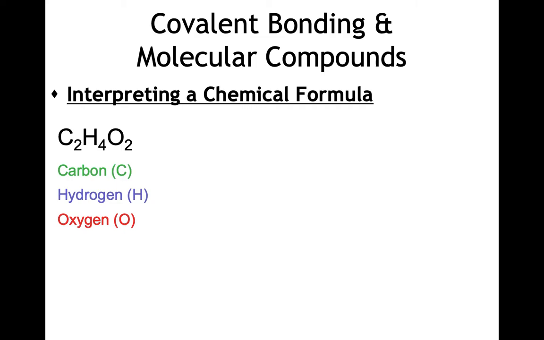In this case, we have 2 next to carbon, which means that we have 2 atoms of carbon. There's a 4 next to the hydrogen, which means that we have 4 atoms of hydrogen in this compound. And there is a 2 next to the oxygen, which means we have 2 atoms of oxygen. And that would be what you would write if I asked you to interpret a chemical formula.